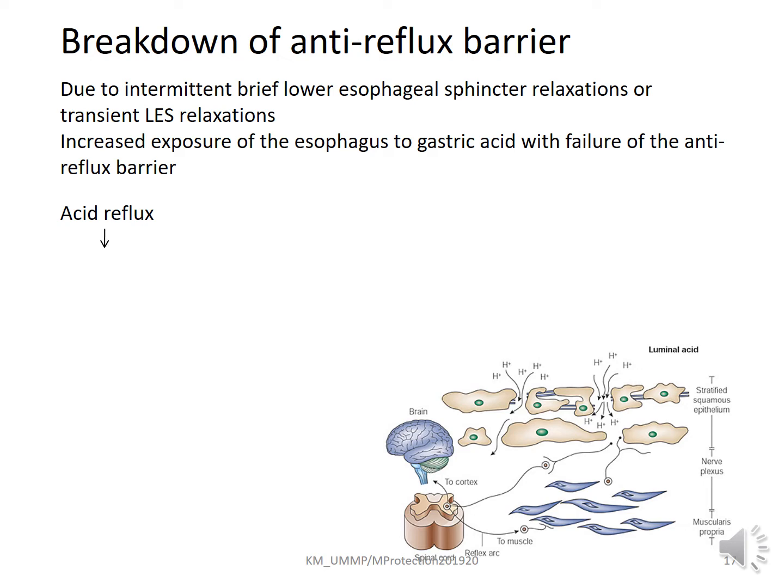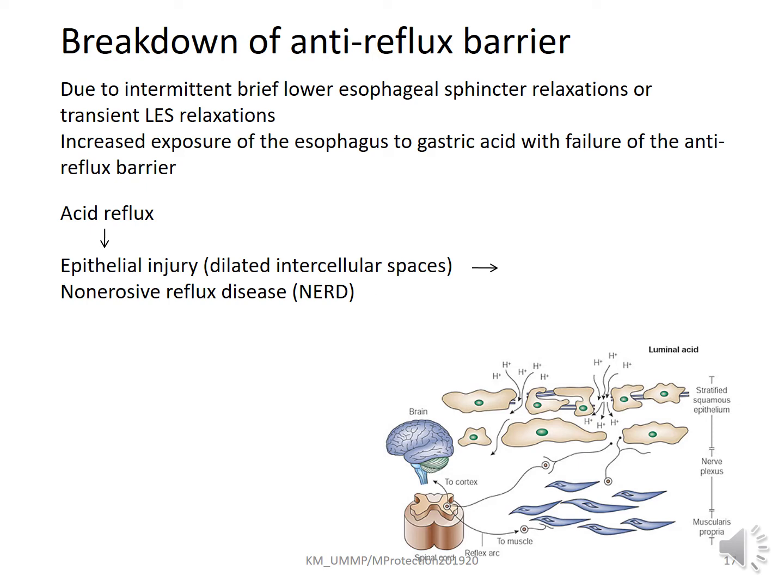H plus can go in through the dilated intercellular space and cause epithelial injury. This condition is called non-erosive reflux disease. It can cause inflammation, which later on can lead to erosive esophagitis and end up with Barrett's esophagus.